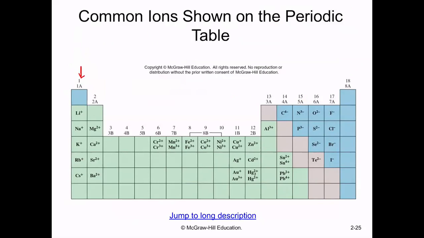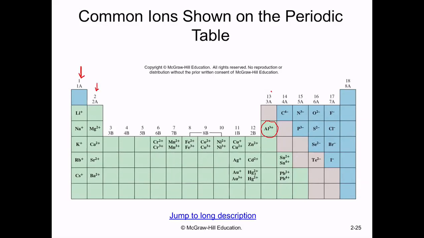Hydrogen is a nonmetal and it can lose or gain, but it does both really. Elements in group 2A all form ions with a +2 charge. And then we jump to elements in group 3A. Aluminum is the most reactive metal, I should say, in group 3A. So it forms an ion with a 3+ charge.